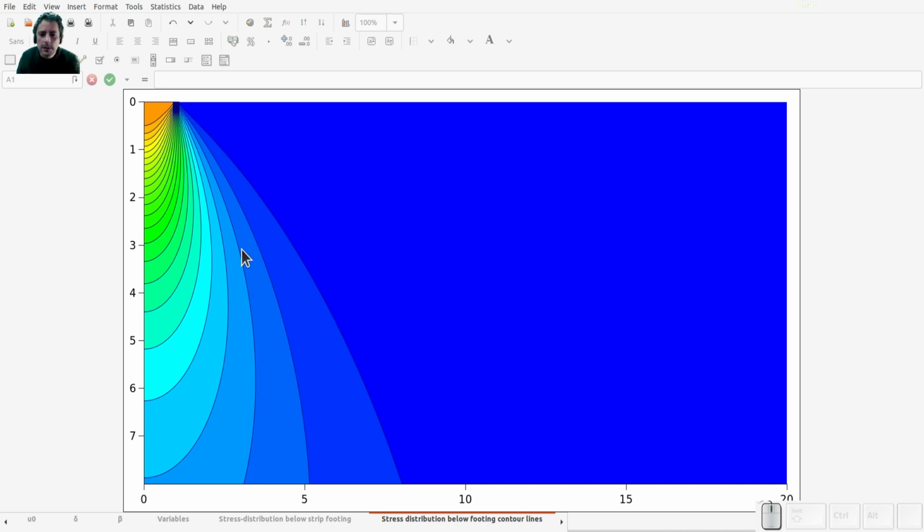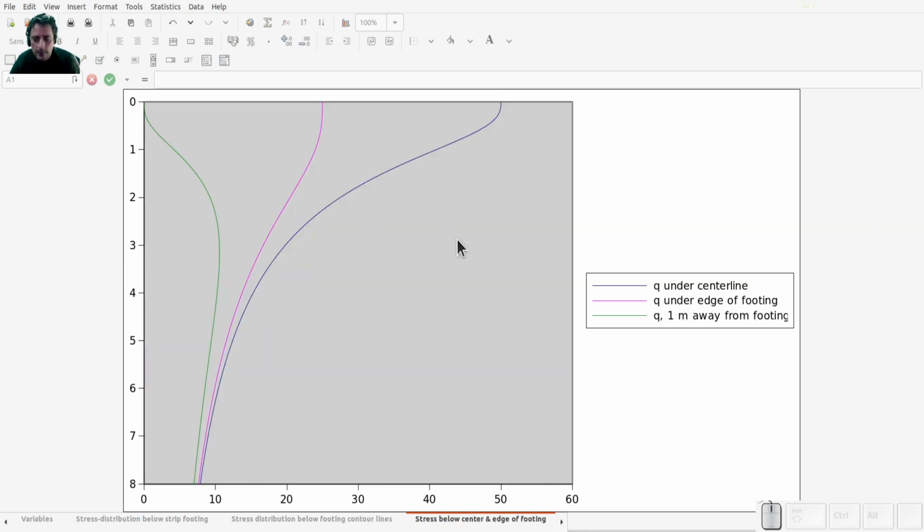So this gives you an idea of the plots, and if we look, just say, under the center, the blue line that we see here, that is the stress distribution under the center. Let me increase a little bit maybe the thickness of the line, so there.